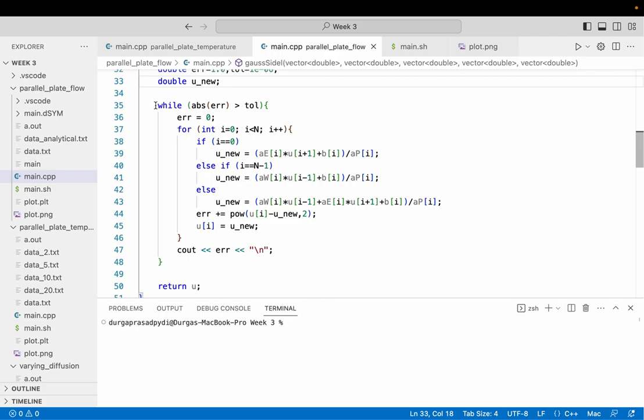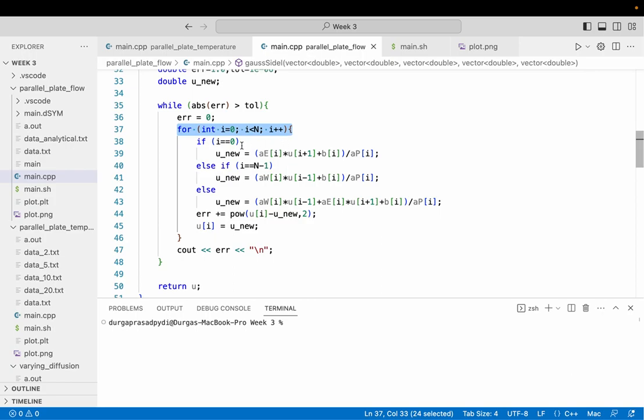So the iteration essentially has two loops. The first loop is to track your error and the second loop is essentially to go over all the points within your grid. Initially you set the error equal to 0, and then you iterate from i equal to 0 to n for all your interior cell centroids.